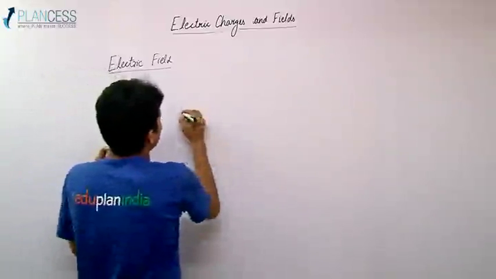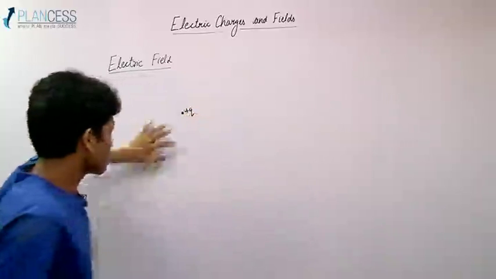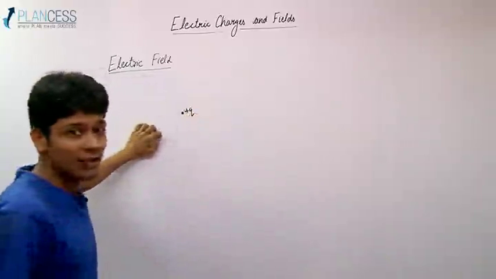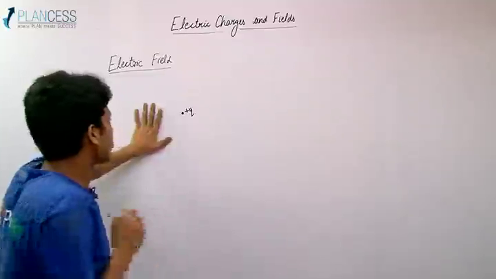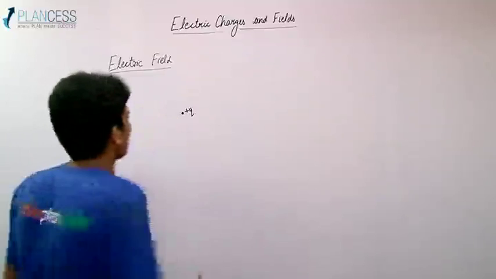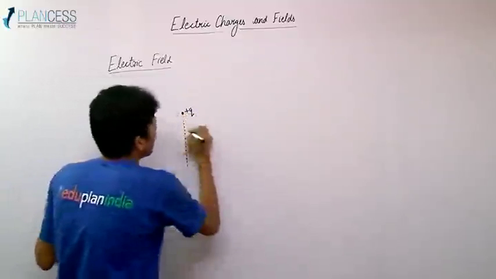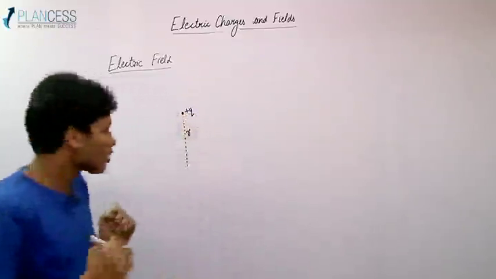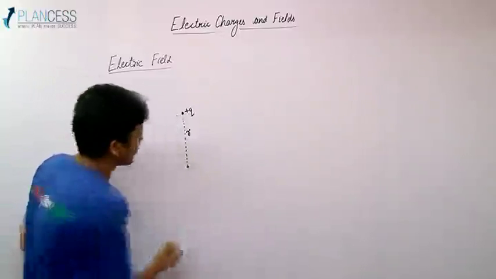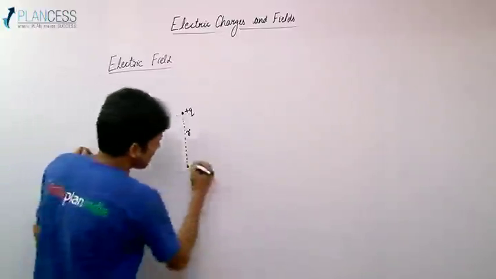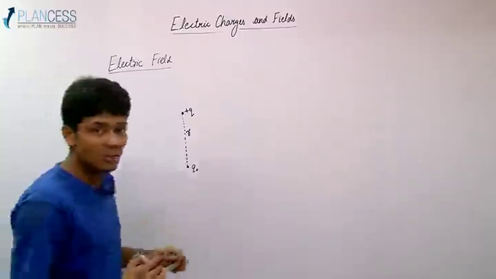Let's start with a point charge. Let's say this is a point charge plus Q. If I want to calculate the electric field at a distance r from this plus Q, I'll put a Q0 charge here and calculate the force acting on this Q0 charge.